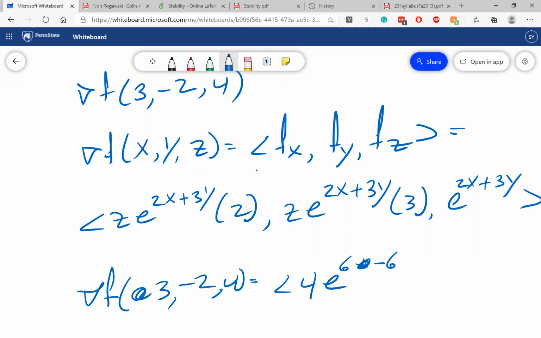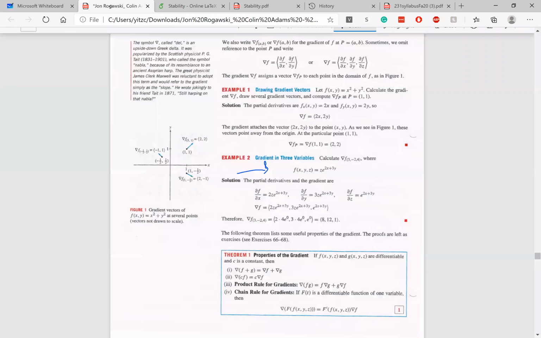So this would be 4 times 2, so 8. The next one is going to be 4 times 3, which should be 12. And the last one is going to be 1. Just making sure. Yeah. Any questions about this?